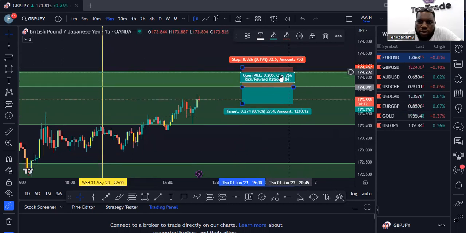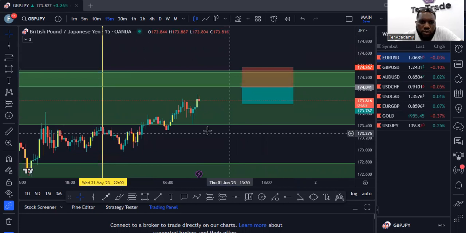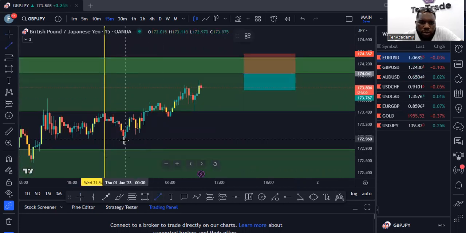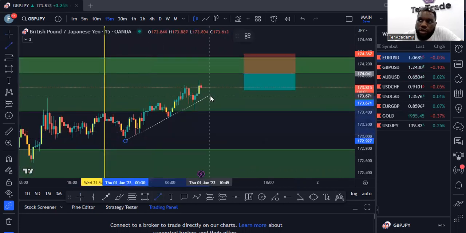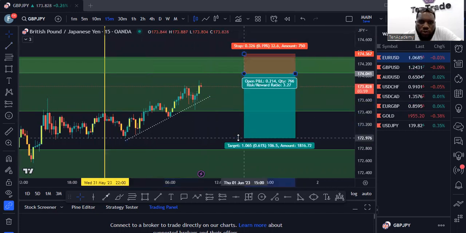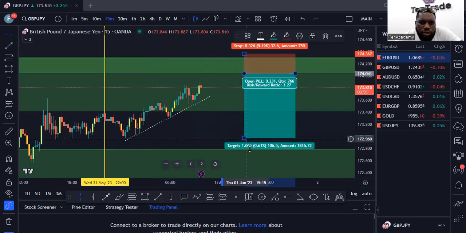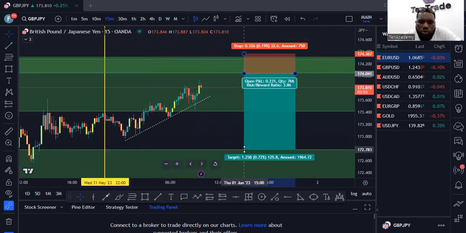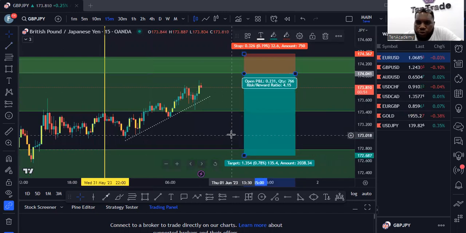So that is about 32 pips stop loss, right? And where can we target? These are liquidity zones that we can target here, like so. So we are looking at a possible 1 to 3 here, or you can target this demand level. So 1 to 3, 1 to 4, 3, 1.